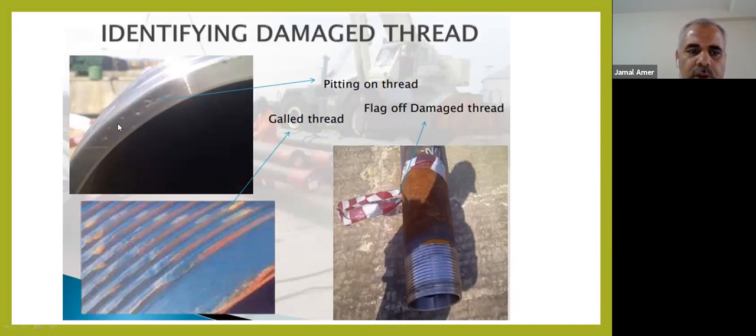So before use, when we run the casing, we have to inspect each joint's threads before running it in the hole. As I told you, it's very important because this casing is designed to stay in the well for the whole life of the well. So this will affect the integrity of the well in the future.